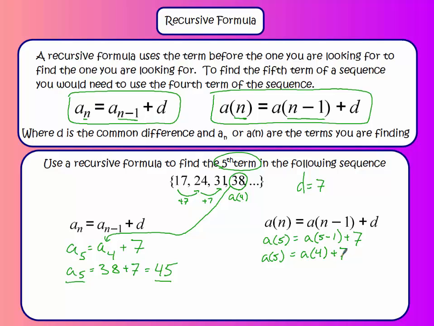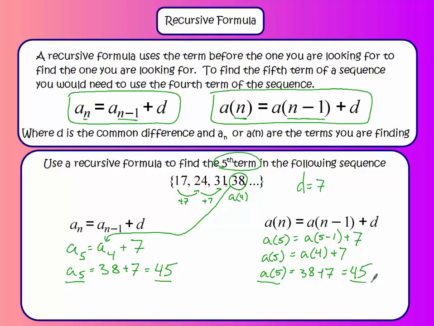I know A of 4. A of 4, again, is 38. So A of 5 equals 38 plus 7. Once again, that is 45. So, in other words, the fifth term is 45.